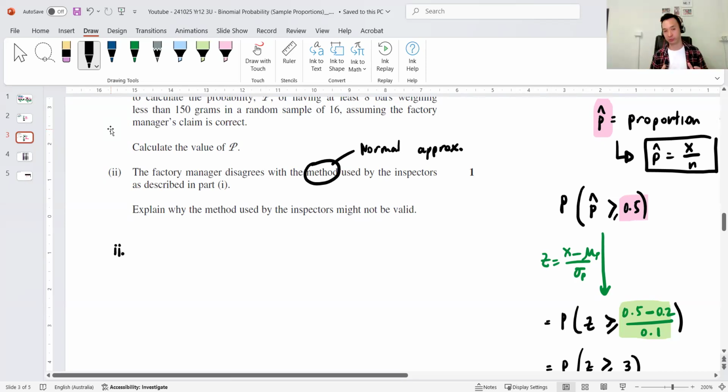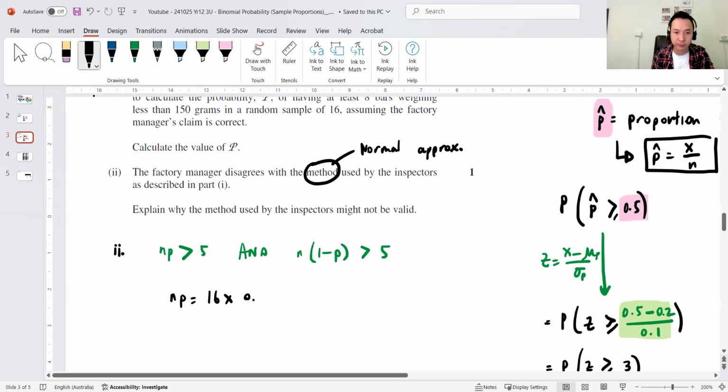When the numbers are too low. How do you know it's too low? They basically use a rule of thumb: if n times p is greater than 5 and n times 1 minus p is greater than 5, then it's appropriate. In this case, n times p is equal to 16 times 0.2, which we know is the same as mu, 3.2. That's less than 5.